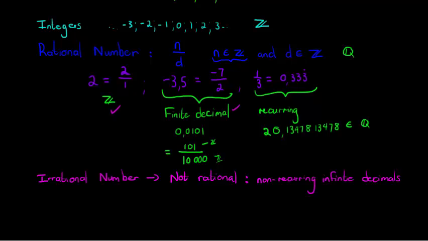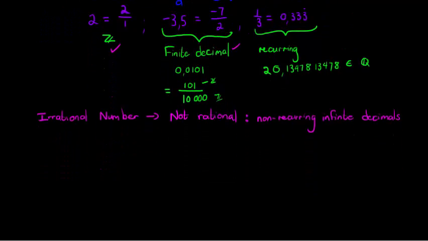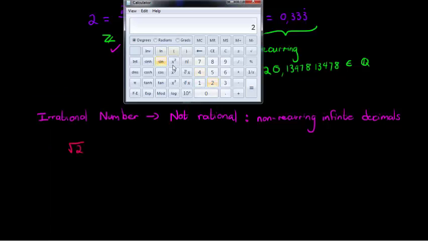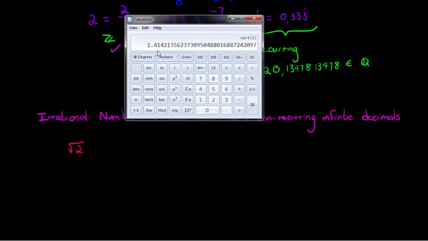A few examples would be something like the square root of 2. The square root of 2 is 1.41421. Do you notice there? 1.414213563. Can you see that there is absolutely no pattern yet? Absolutely no pattern.